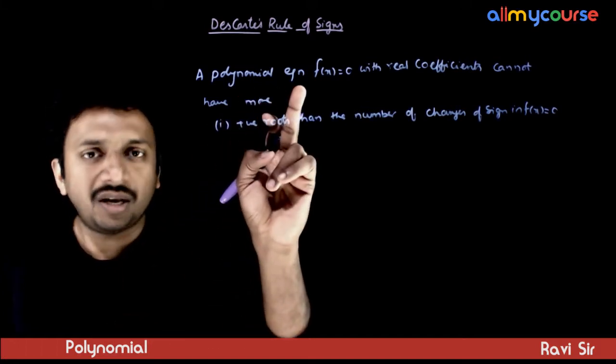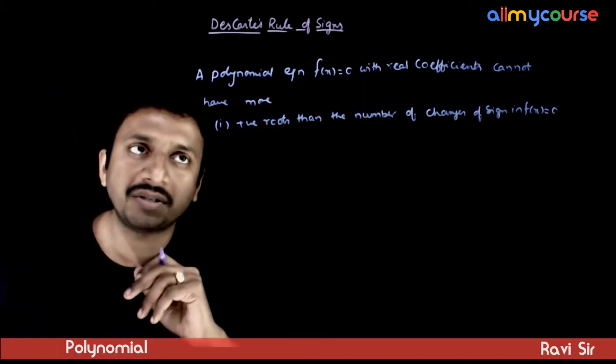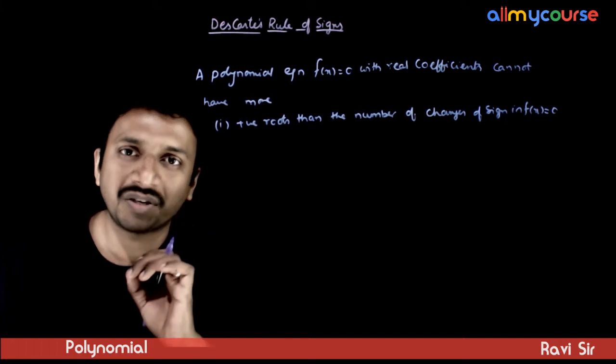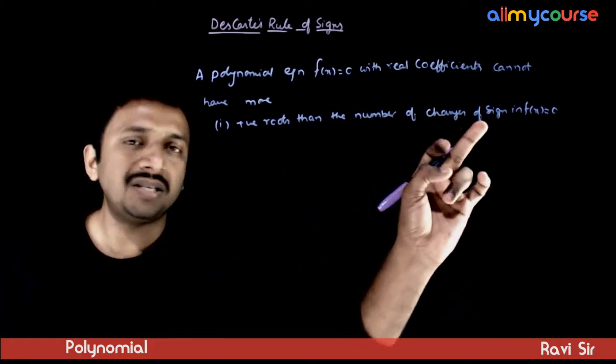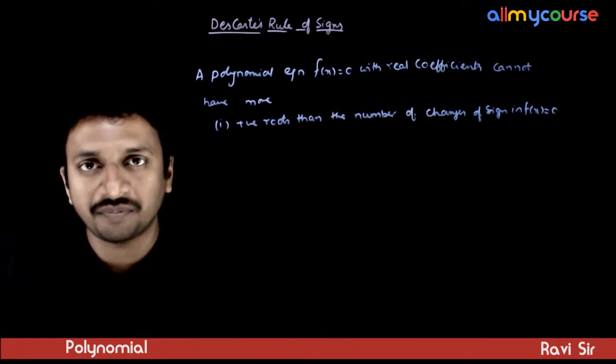A polynomial equation f of x with real coefficients cannot have more positive roots than the number of changes of sign in f of x is equal to 0.